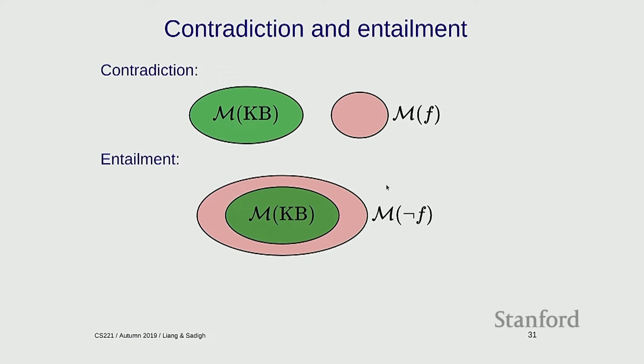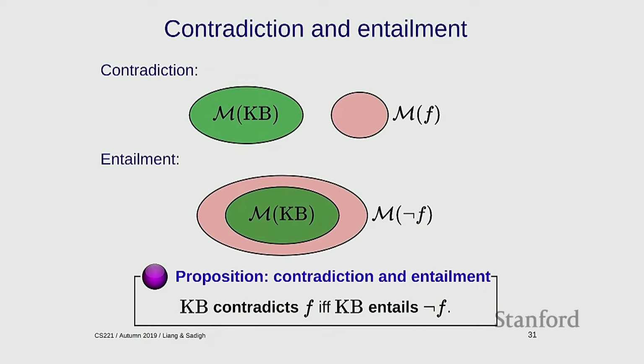And this is equivalent to the knowledge base entailing not F. So there's a simple proposition that says KB contradicts F if and only if KB entails not F. The picture you should have is that not F is all the models which are not in this. And if you think about wrapping that around, it looks like this.